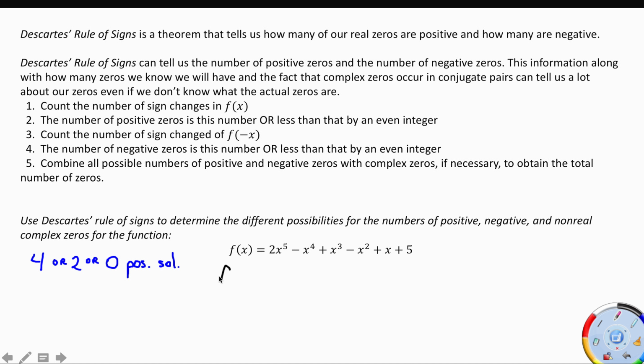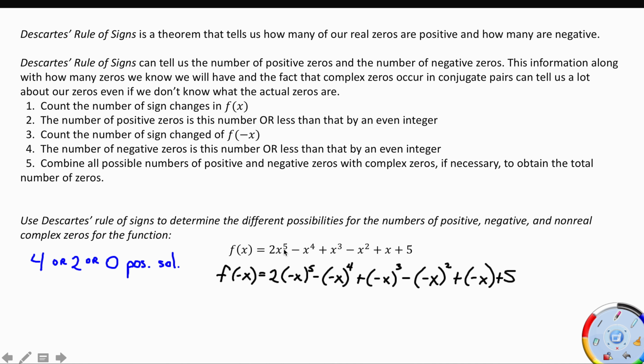Now, what I want to do is imagine if I plugged in a negative x in for x. So that would give us 2 times negative x to the 5th minus negative x to the 4th plus negative x cubed minus negative x squared plus negative x plus 5.